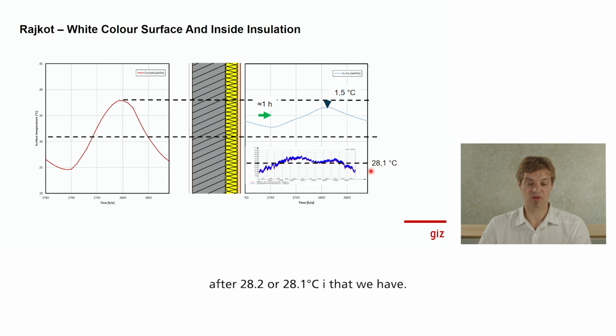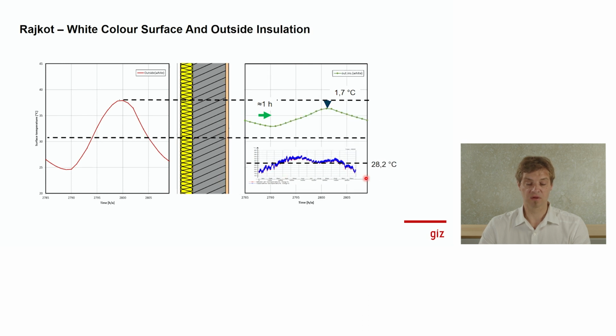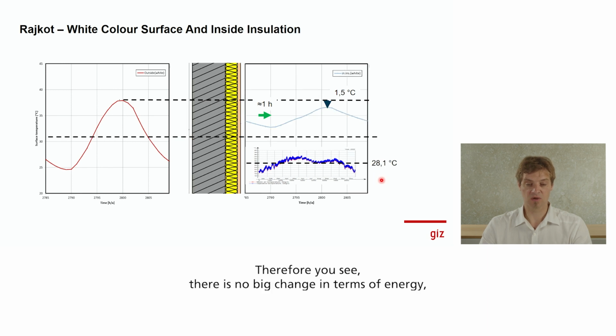Also, you see there's no change in the temperature that we have down here. So there is no big change in terms of energy between having an inside or an outside insulation.